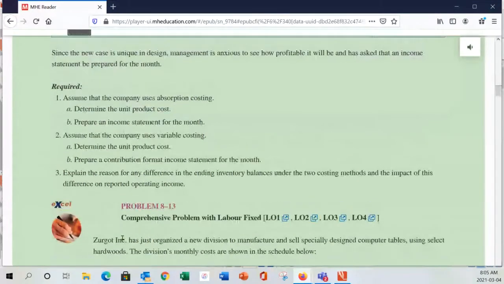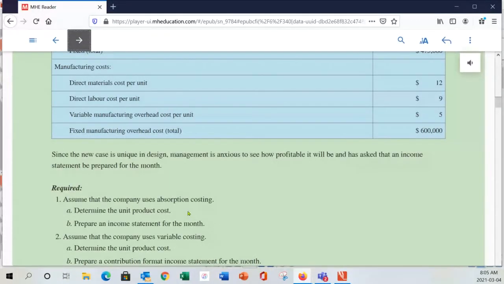We have 3 requirements here. First one, assume the company uses absorption costing, determine the unit product cost, and prepare an income statement for the month. Let's have a look at that.